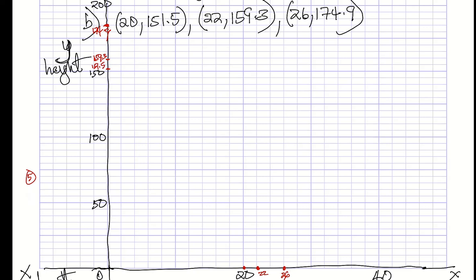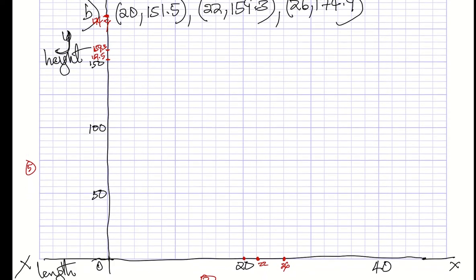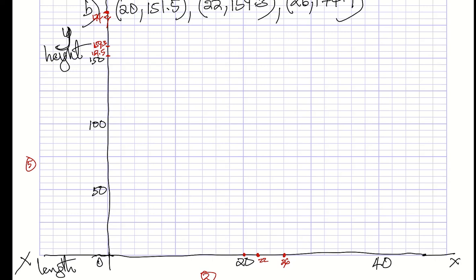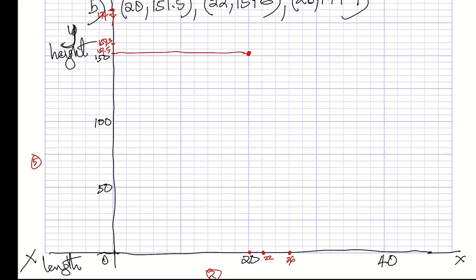Okay, so what I did, I put the points on the graph so you can watch me draw it. The first one is 20 and 151.5. 20 is here, and I put 151 somewhere here. This is an approximation, okay?